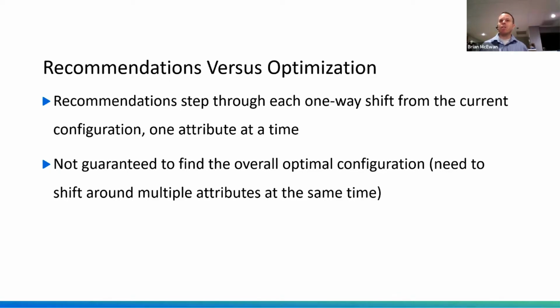To do that, we would need to be able to change different attributes at the same time so that we're considering the whole design space, all possible configurations of options, instead of just every one-way step away from the current configuration. So that's really the difference between running a sensitivity where you step through things versus a full optimization where we're considering all possible combinations of things.